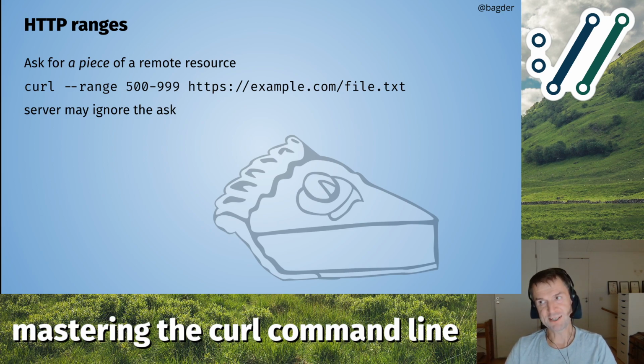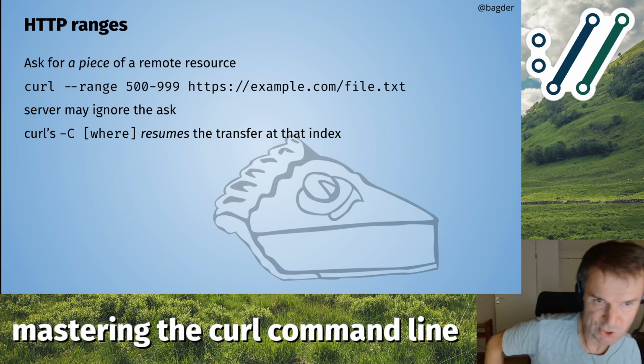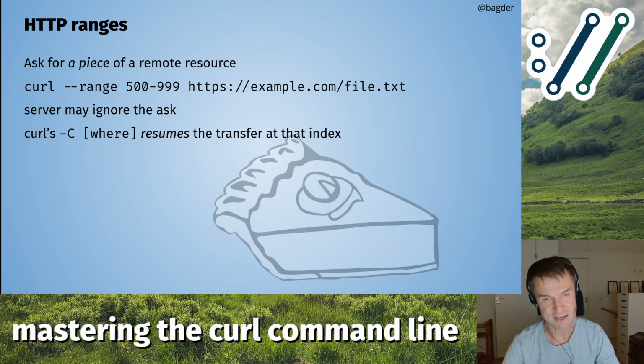This has the unfortunate downside that the server can ignore your request and just deliver the entire thing anyway. You just wanted those 500 bytes, but you got those megabytes from the server. You can also use the resume function, which is just a slight variation of doing the same thing. You can resume my transfer from this index.